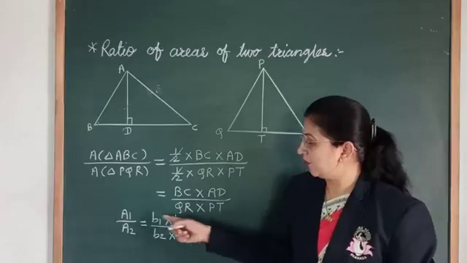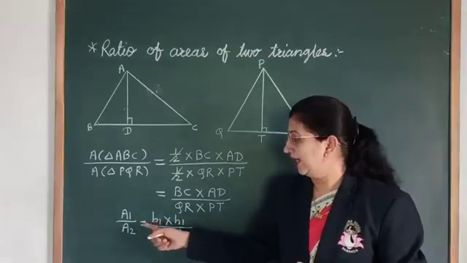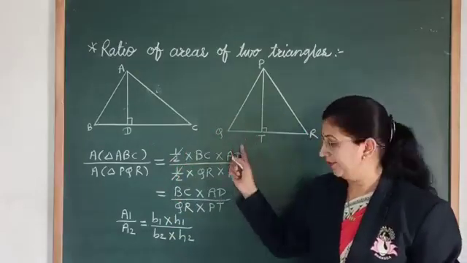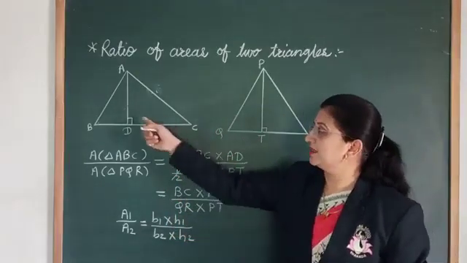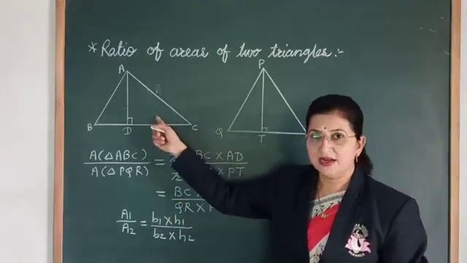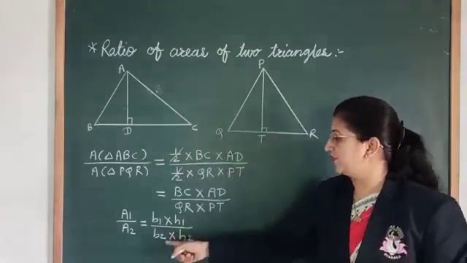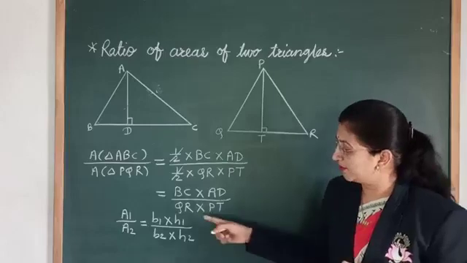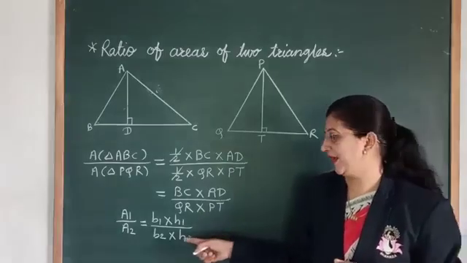Okay, now here symbolically we can represent this. Let A1 and A2 be the areas of these two triangles. B1 and H1 is the base and height of first triangle respectively. Similarly, B2 and H2 be the base and height of this second triangle. Okay, so symbolically we can represent it in this way.